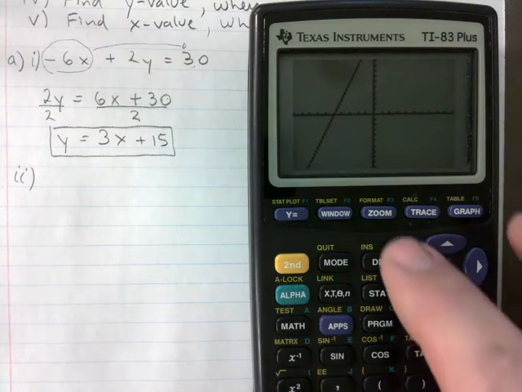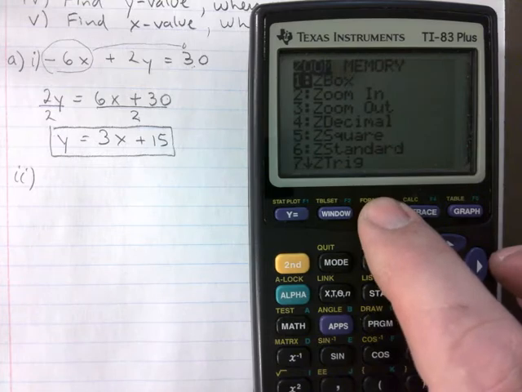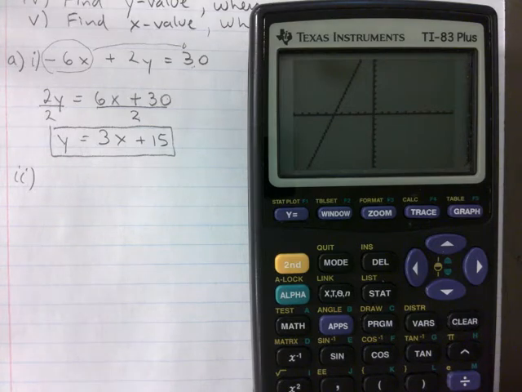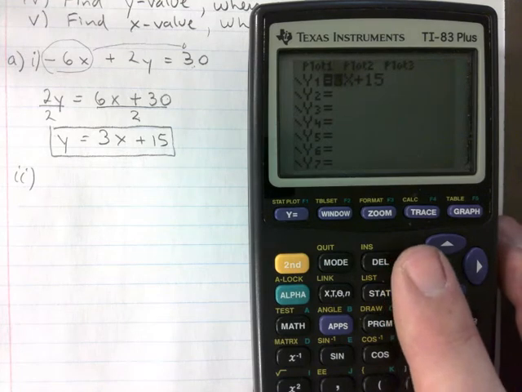Can you press zoom 6? Zoom and then 6. Still not? So we go to y equals, and can you see the y line right there?